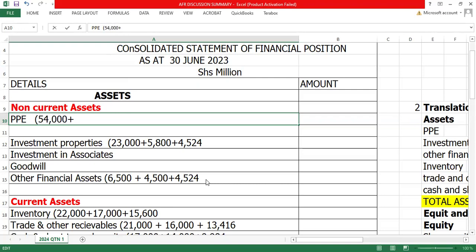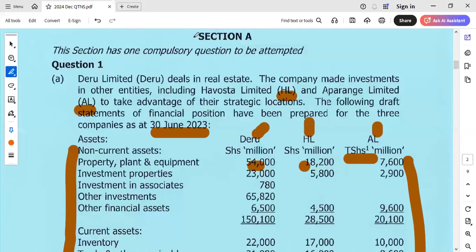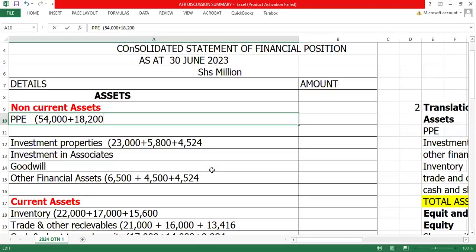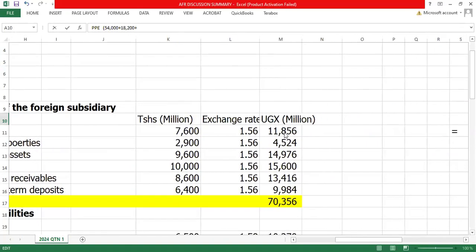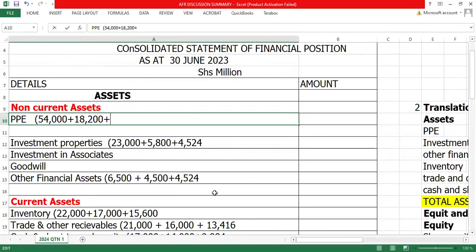Then plus 18,200, then plus the other one that you have translated, 11,856. You do the same for others, like investment property.